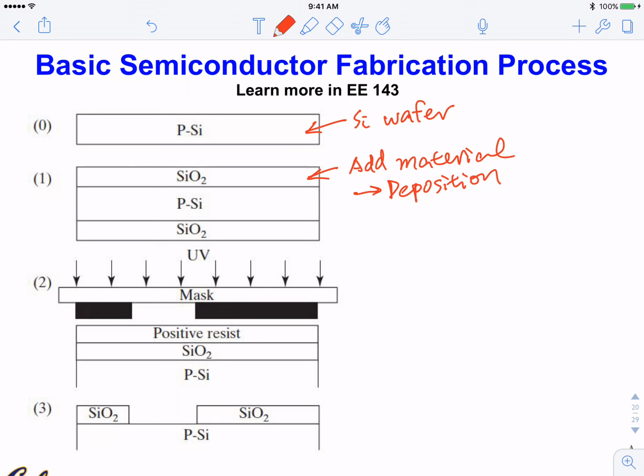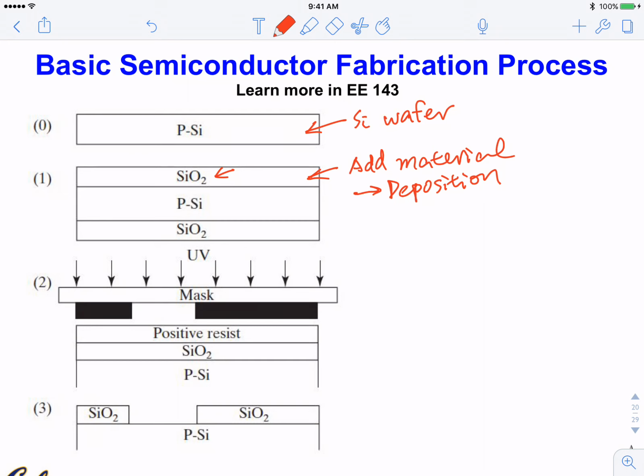And for silicon, if you recall in the first lecture, we said silicon became the dominant material in the early days, in the 60s, because it has a very stable oxide, silicon dioxide. So this silicon dioxide, you can simply grow by putting the wafer at high temperature together with oxygen or with water vapor.